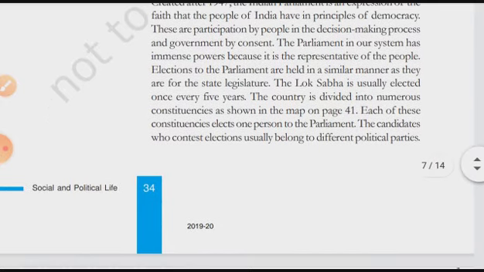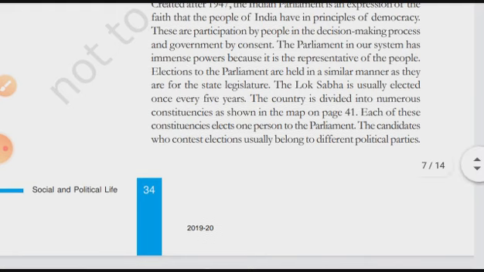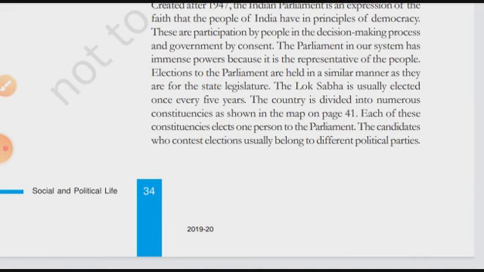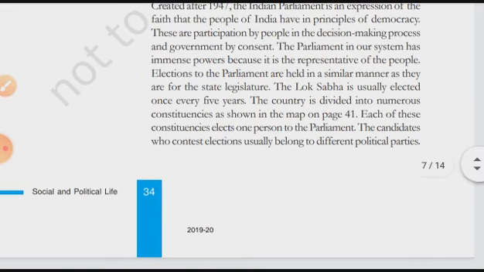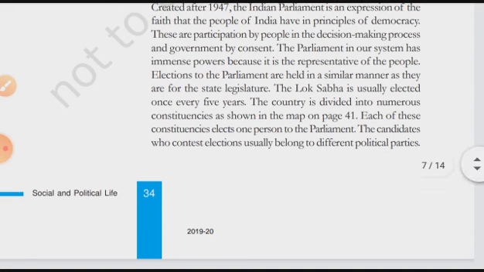Elections to the parliament are held in a similar manner as they are for the state legislature. As we have discussed in previous classes about state level elections, elections are conducted exactly after 5 years. In the same way, elections are conducted for the parliament every 5 years.